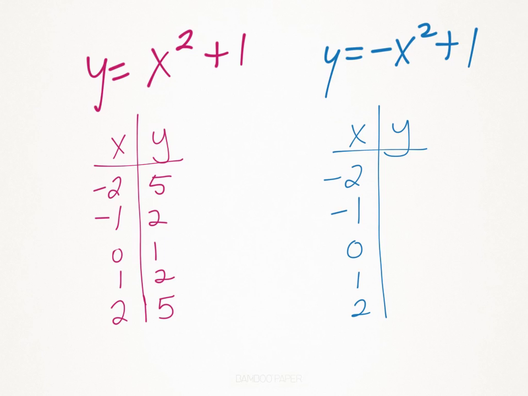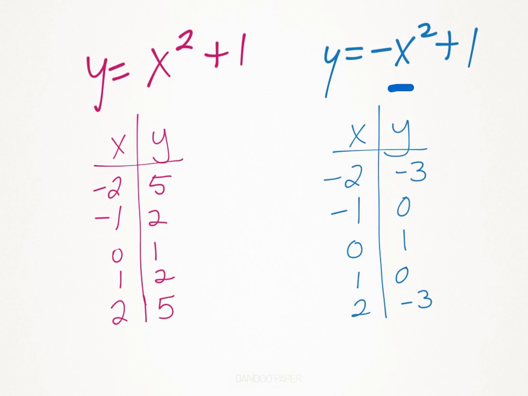We're just replacing x with the values here. Negative 2 squared is 4 plus 1 is 5. Notice over here though, negative 2 squared, that's actually going to give us 4, but then this is negative 4 because essentially it's negative parentheses negative 2 squared.